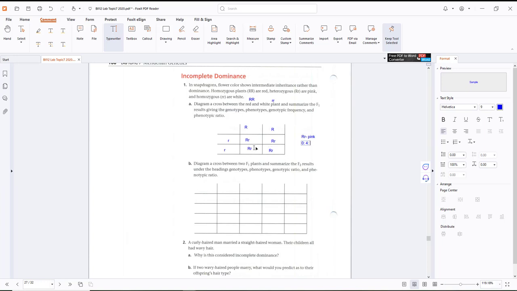And the number of homozygous recessives, that's 0. For the phenotypic ratio, that's the number of dominants. In that case, we have 0. The number of intermediates, 4. And the number of recessives, 0. Okay, so this one's a little different because it's an incomplete dominance, so we do include the intermediates there.